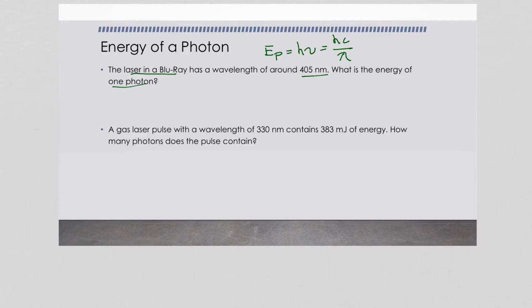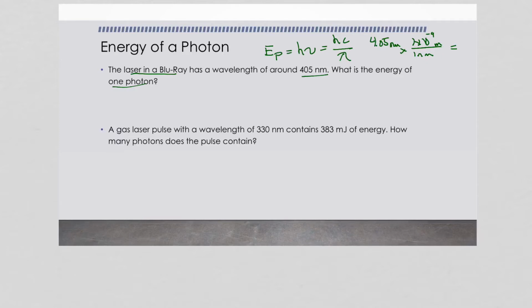Now, if we remember from our other problem, when we're working with these kinds of problems, we need the wavelength in meters. So let's put 405 nanometers into meters. Remember that 1 nanometer is 1 times 10 to the minus 9th meters.